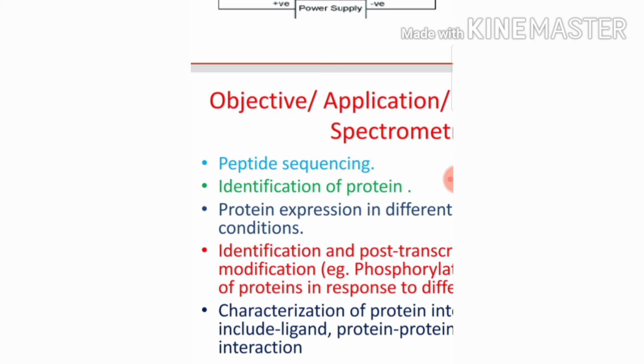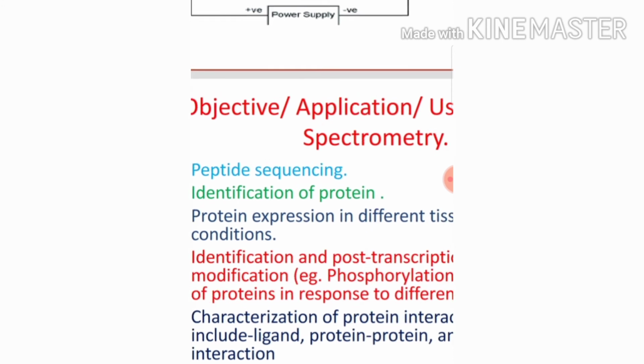After getting the pure form of this unique protein, we put that protein inside the MALDI-TOF. Now this MALDI-TOF, through the principle of mass spectrometry, is going to analyze the protein sequence at the amino acid level. So this is the main application of mass spectrometry, that is peptide mapping.